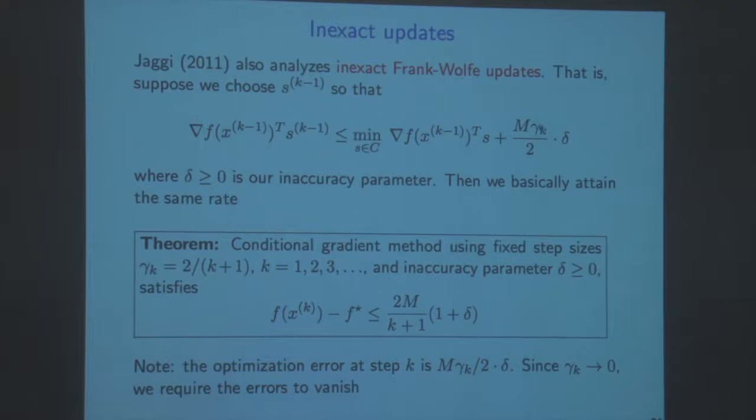Since gamma_k goes to 0, it looked like 1 over k, it's telling you need to be more and more accurate as the iterations proceed. As you get closer and closer to optimality, the inexact updates have to be less and less inexact. The same is true with proximal gradient: it requires the errors to vanish over the course of the algorithm. It's an important property.